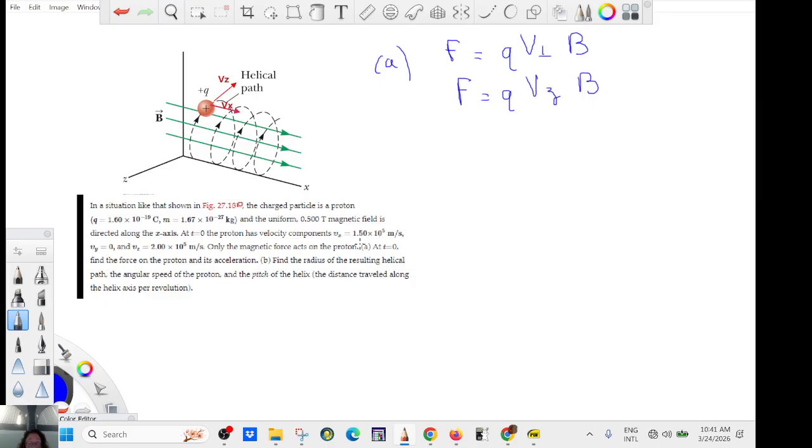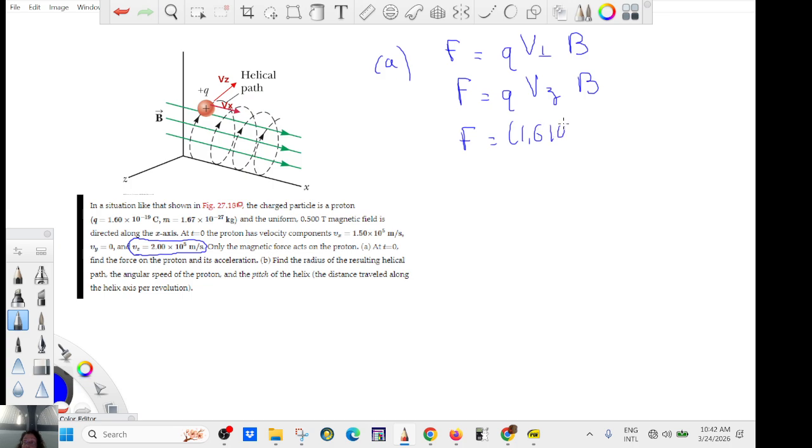Where is Z? Z is here. Because it's a cross product, you want only the component perpendicular, right?